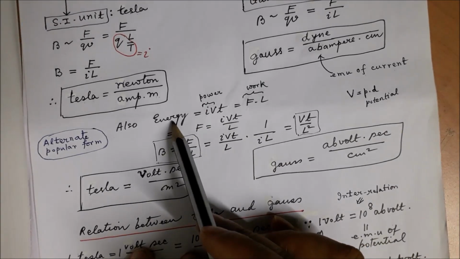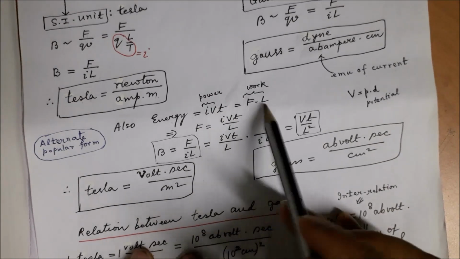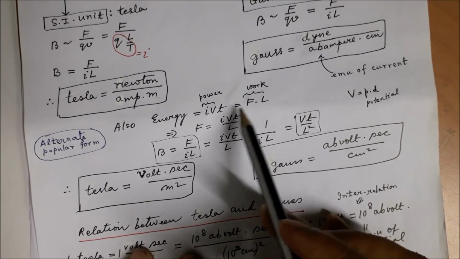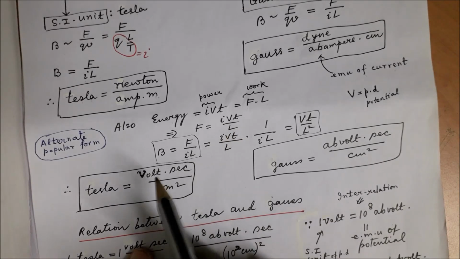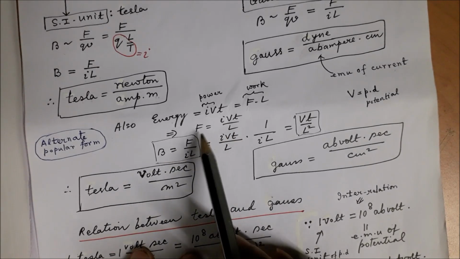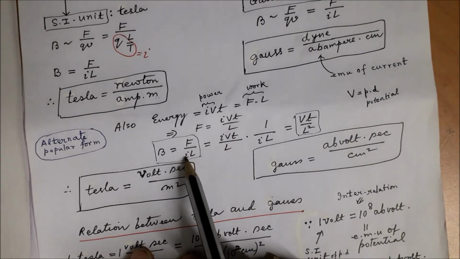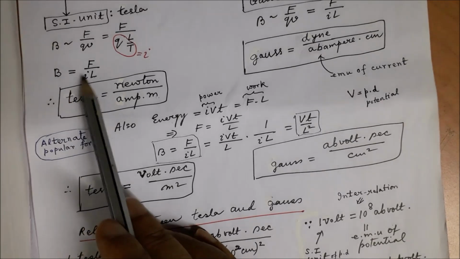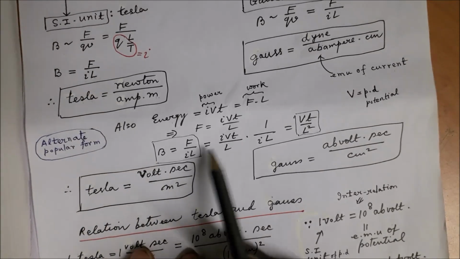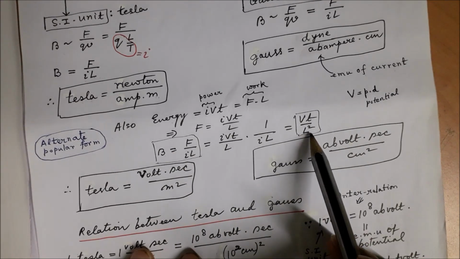So energy has two expressions which can be equated, and simplification gives us F equal to IVt, which if we put in the equation B equal to F by IL, we end up with B equal to Vt by L square.